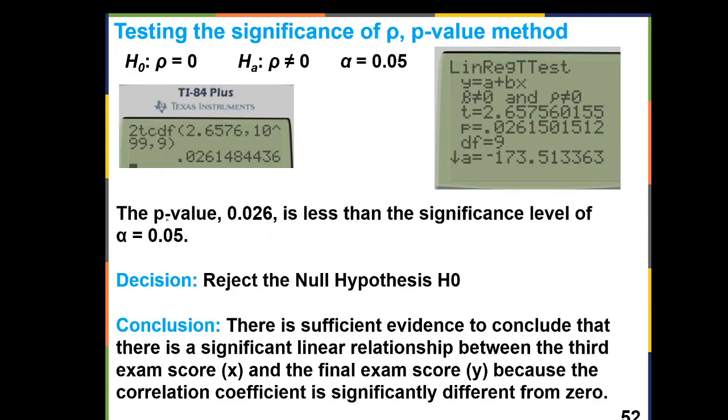So what do we say? We say there is sufficient evidence to conclude that there is a significant linear relationship between the third exam score and the final exam score, right? So that means we know that rho is not 0, basically.